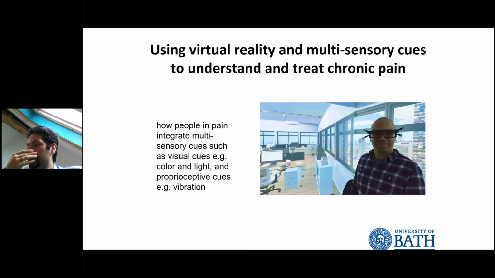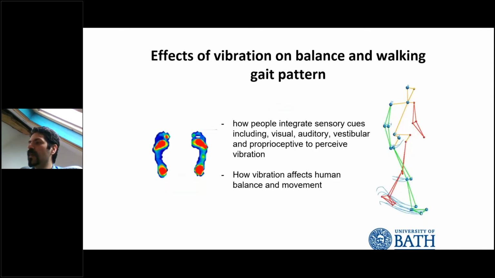Another project that we are working on right now is to understand the effects of virtual reality and multi-sensory cues on chronic pain, and how we can utilize them to help people treat and cope with the pain. The other project is looking at the effects of wind-induced vibrations in tall buildings on the balance of vulnerable people, such as older people, and also investigating the potential of such vibrations for improving flexibility, bone density, balance, strength, and pulmonary rehabilitation.